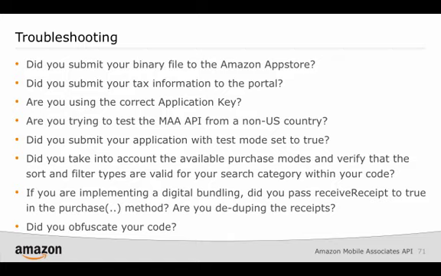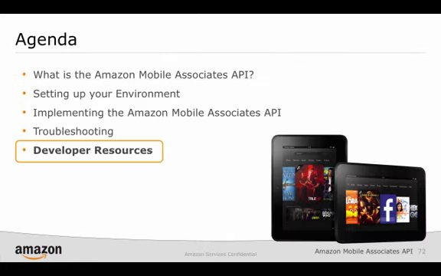If not, you will not receive receipts in the on-purchase response to allow you to grant the digital item. And remember to handle for pending and canceled receipts correctly. Lastly, if you obfuscated your code, please make sure that the MAA libraries are left unobfuscated. Otherwise, you could run into problems.